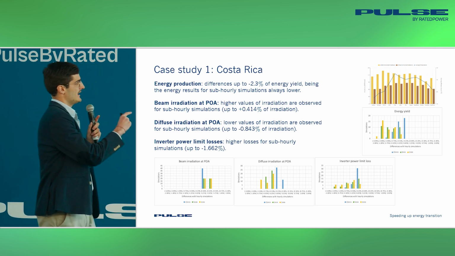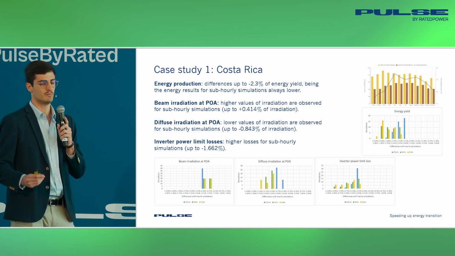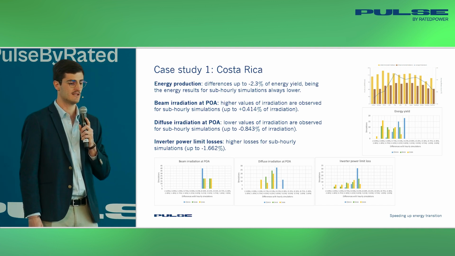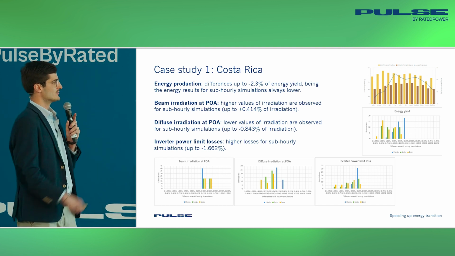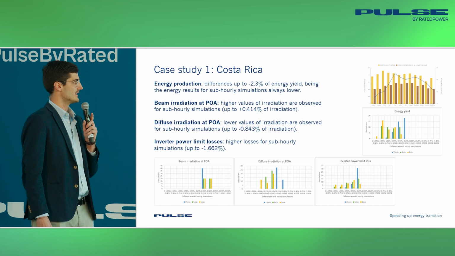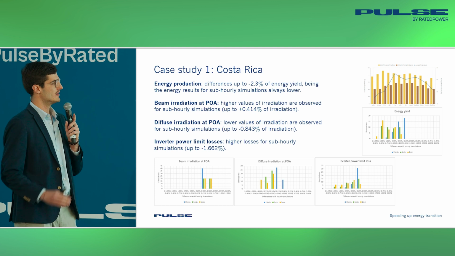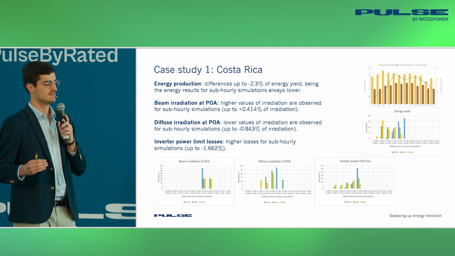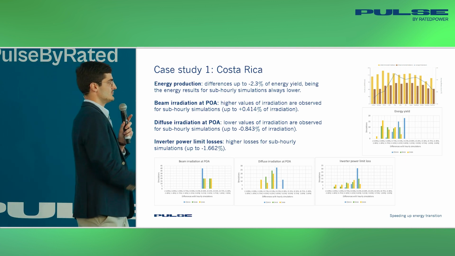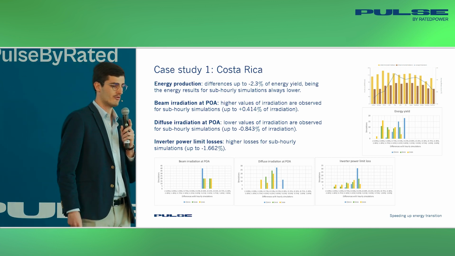On the x-axis we have the ranges of percentages of difference with hourly, having hourly simulations as the reference ones. And then in different colors we have 1 minute simulations, 5 minute simulations, and 15-minute simulations. We can see how as we go towards 1 minute simulations, the differences in energy production look even higher. So the worst case is the 1 minute simulation, which is the case that gave us that 2.3%.